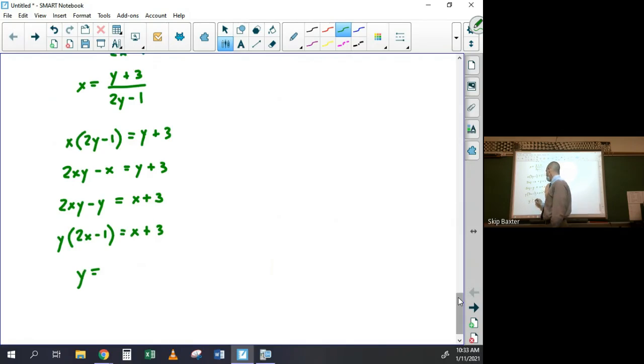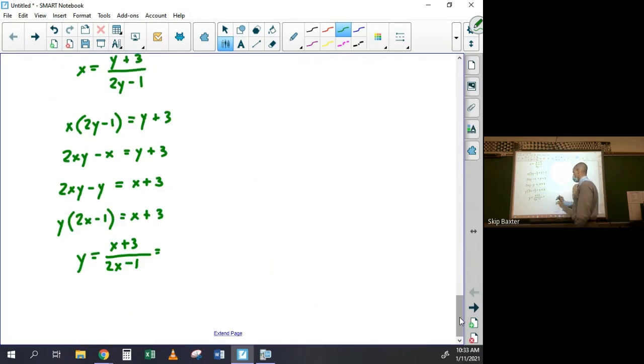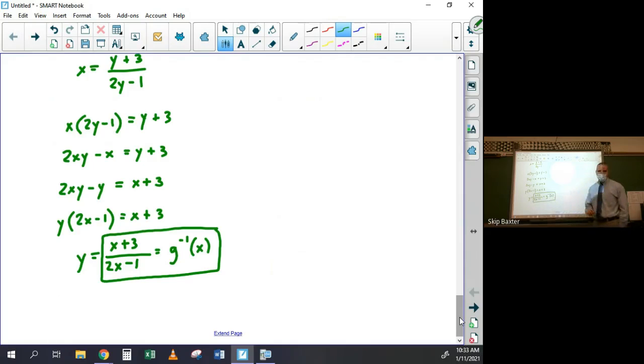So y would just be x plus 3 over 2x minus 1. That's the inverse. The original function was g, so this is g inverse. So that's the little algebra trick if it's a rational function like this.